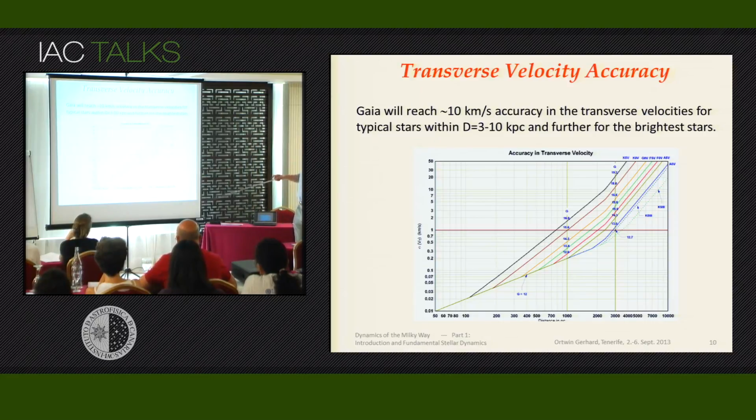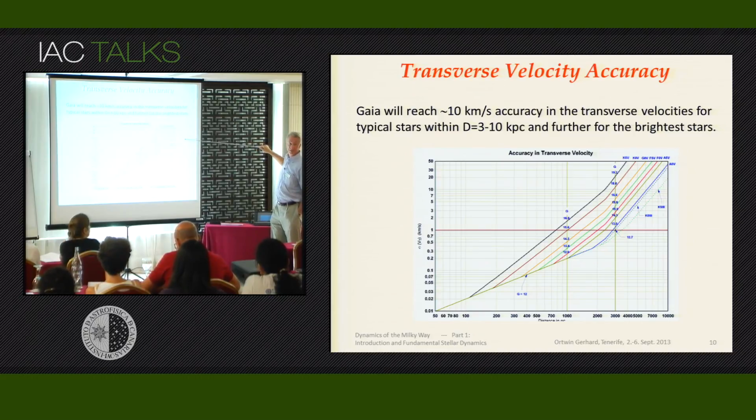And so for the typical accuracy we would like for galactic dynamics, which is of order 10 kilometers per second, that's reasonably accurate already, given the circular velocity is about 220 or so. We could expect such accurate data, you can see, depending on the stellar type, for stars at distances somewhere between 3 and 10 kiloparsecs on the scale.